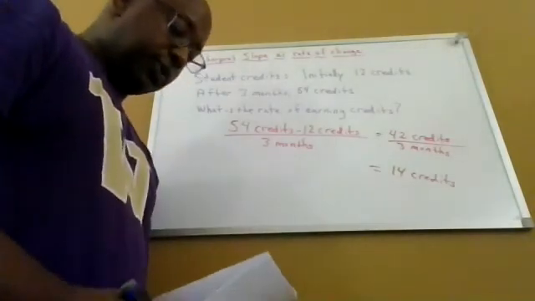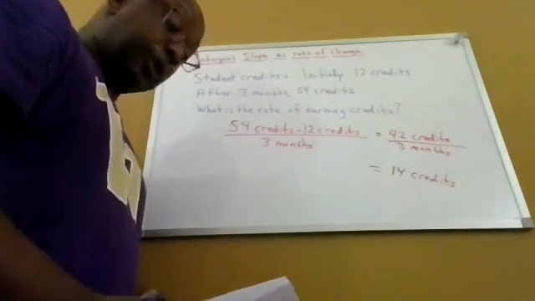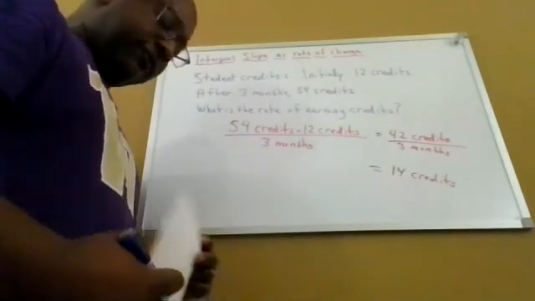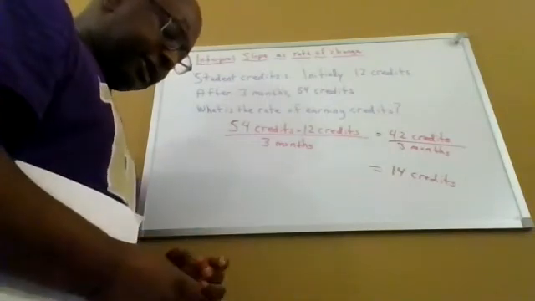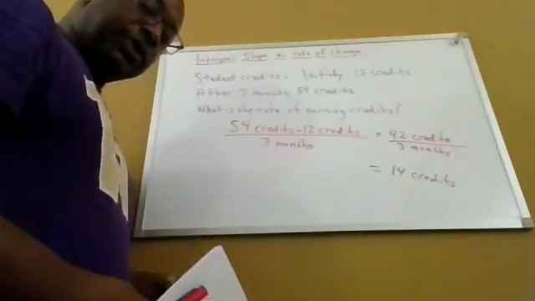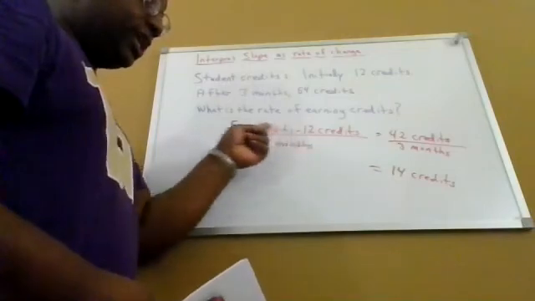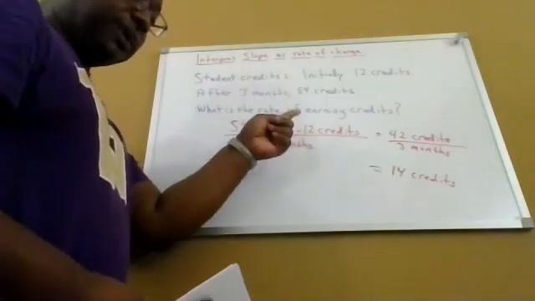And so those were the two examples I wanted to go through in terms of interpreting a slope. When you think of a slope, you're going to be thinking of how one thing is changing with respect to another. In this case, we're looking at how the credits are changing with respect to time.